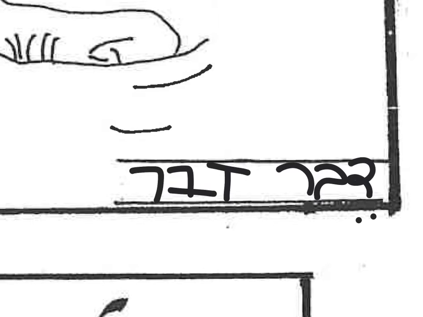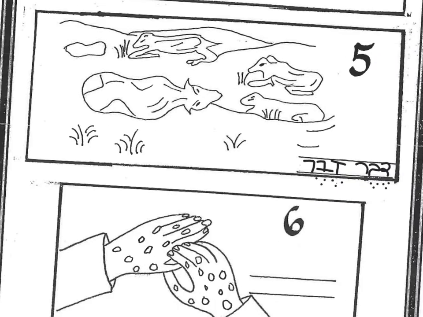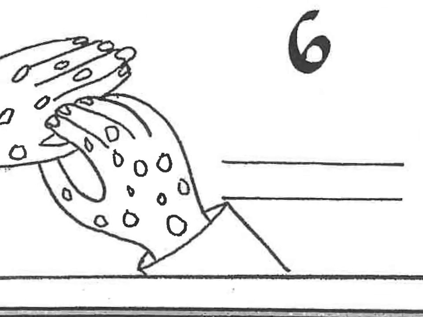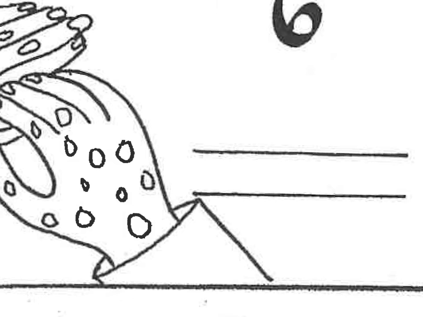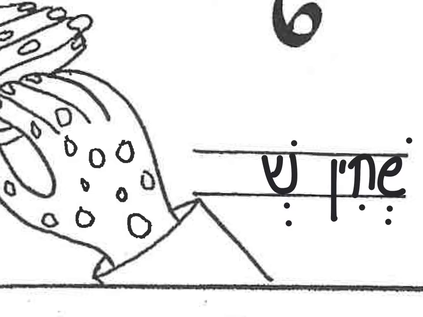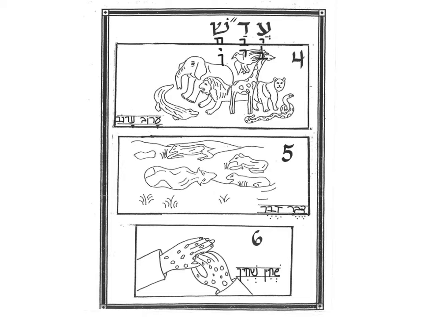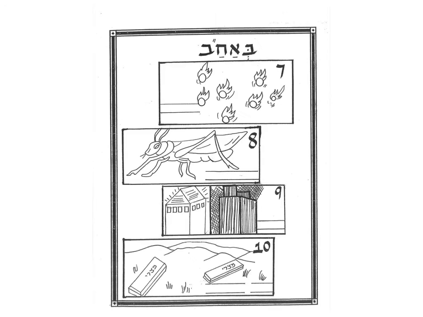Okay. Now, by the way, all of these pages, there's a folder, a link that I emailed your parents. All of these pages are separate. So if my video is too fast or pausing it is too annoying for you, you can find these pages as an image. Okay, shechin, or you want to do it this way, shechin, okay, boils. Of course, once you've finished writing it in, you can color the page.